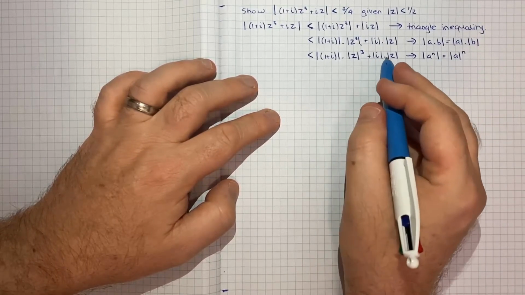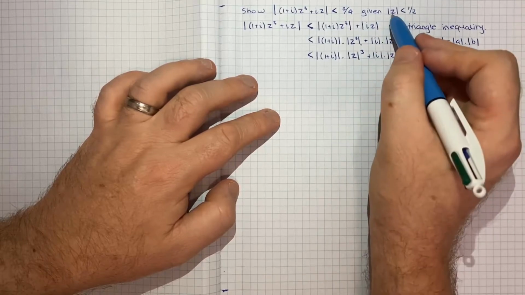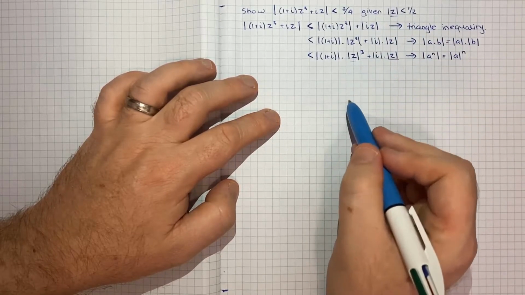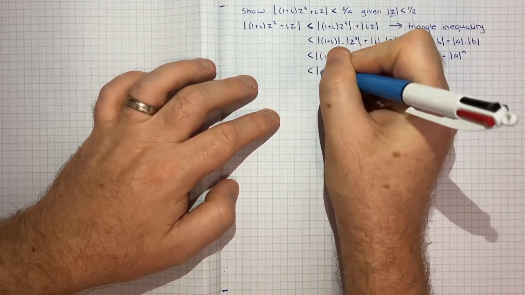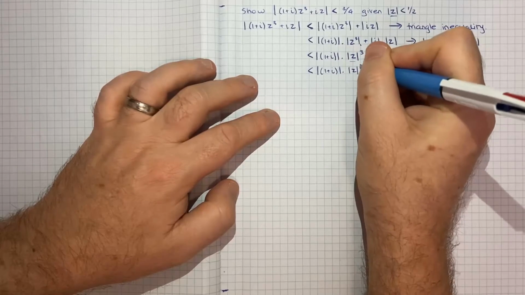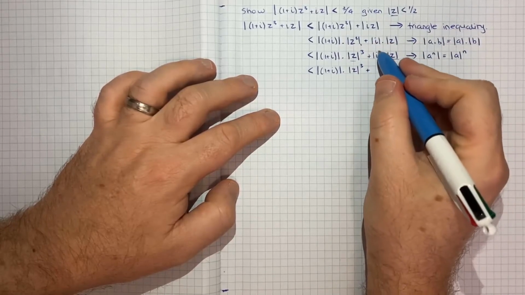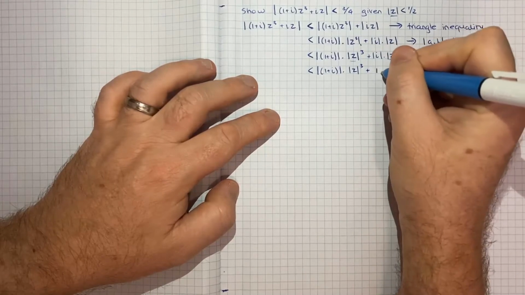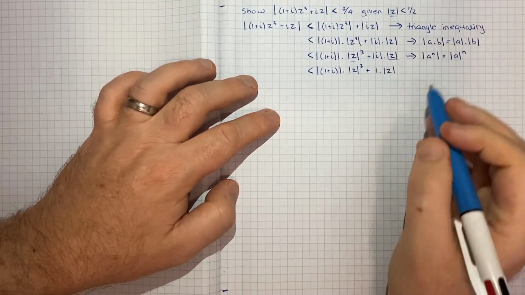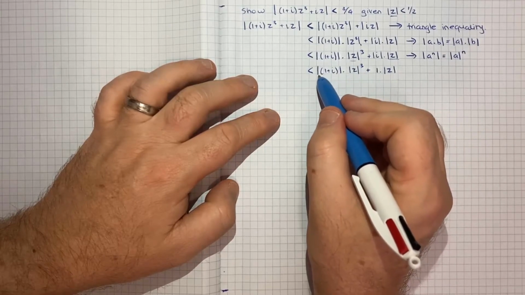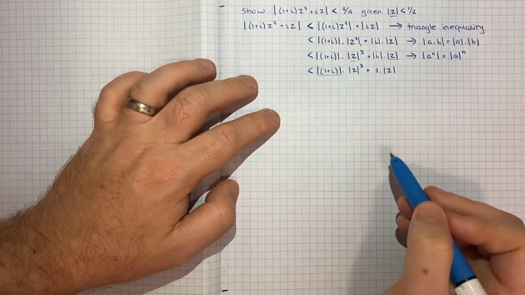To simplify this a bit further, basically we want to get things in terms of z. So this is already in terms of z, this is too. The modulus of 1 plus i times the modulus of z cubed plus, now the modulus of i by itself is simply going to be 1 times the modulus of z. So really, the last thing to grapple with is this modulus of 1 plus i.